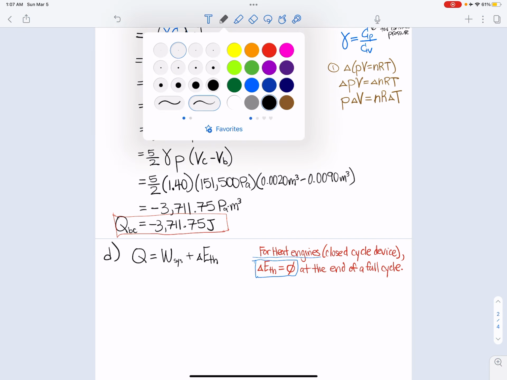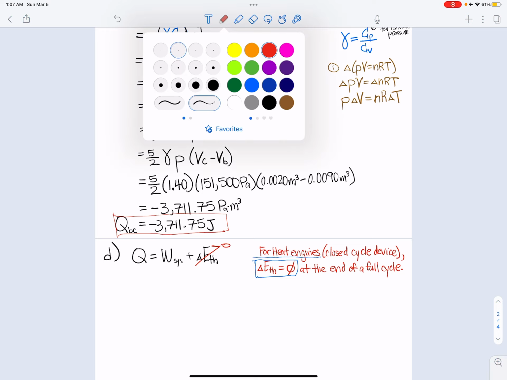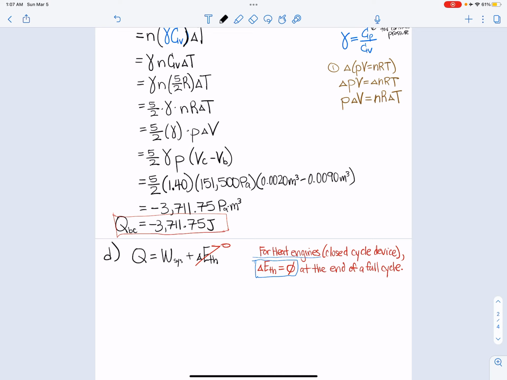So then if that's the case, then this becomes 0, right? Because we're dealing with a heat engine. That's our problem. So then we can say that work out is equal to Q, since delta ETH equals 0.